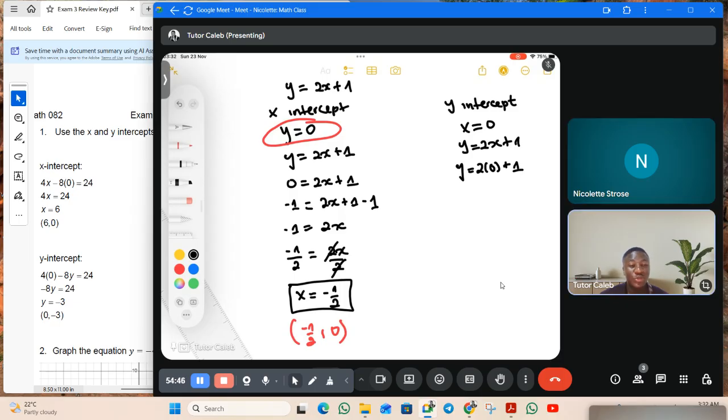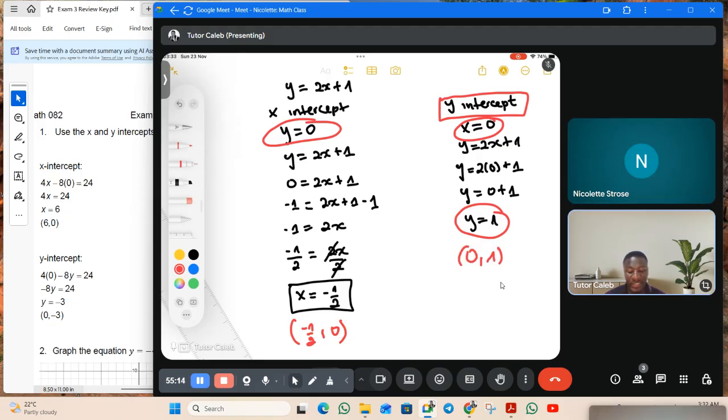Now, 2 times 0 is 0. So we have y equals 0 plus 1, right? So 0 plus 1 is 1. So the y coordinate is 1. Therefore, the y-intercept will be 0 and 1.